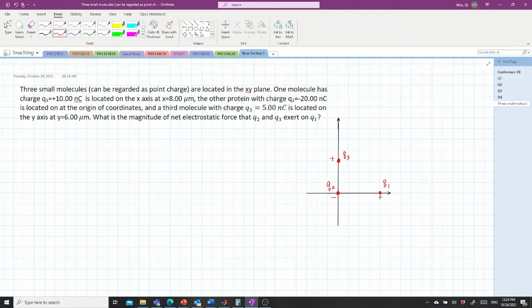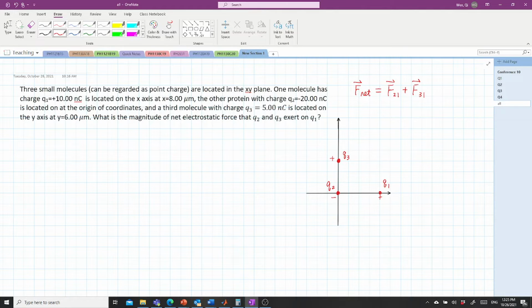In order to find the net force applied on charge Q1, F net, we need to use the superposition of the two forces. The first force is the force that charge Q2 applies on charge Q1, F21, plus the force that charge Q3 applies on charge Q1, F31.